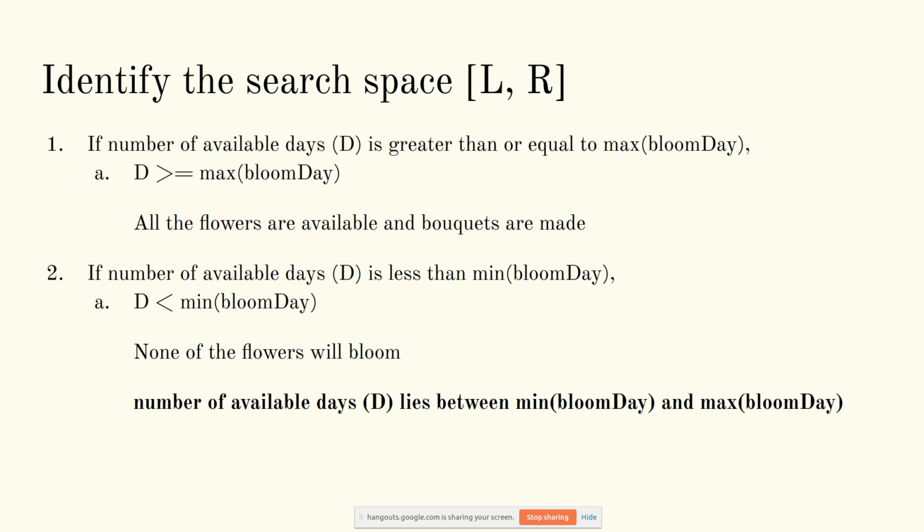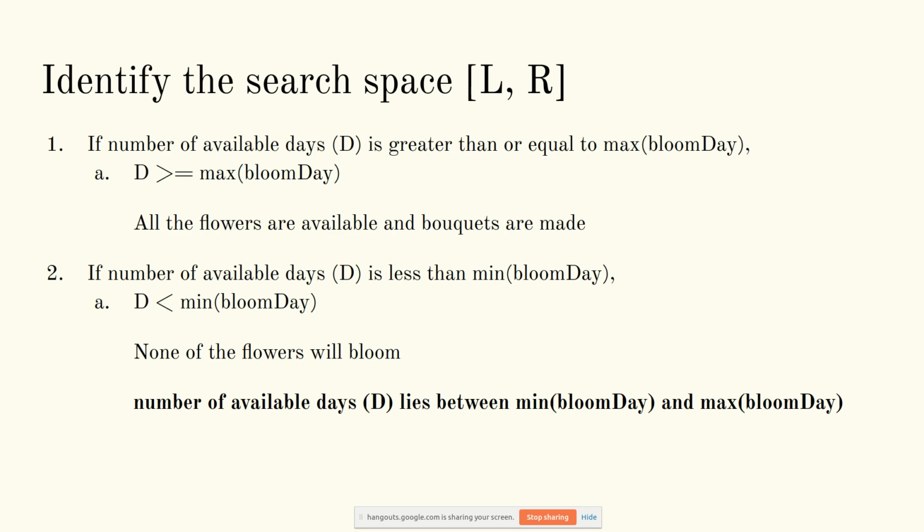So our search space for the number of days will lie between min of bloom day and max of bloom day. Looking outside of these regions will not be the optimal answer for us.